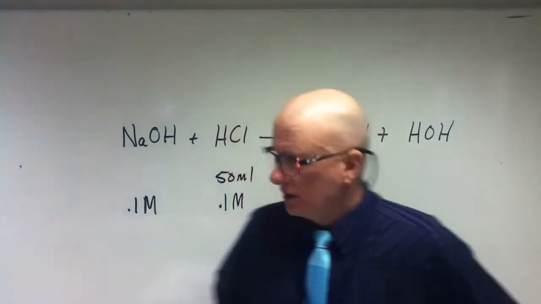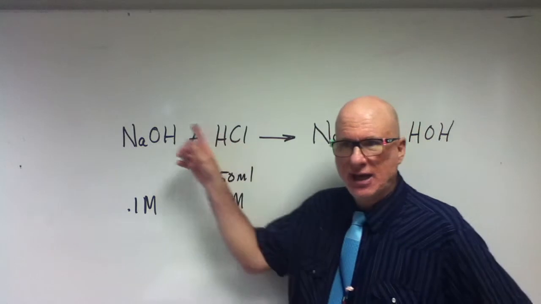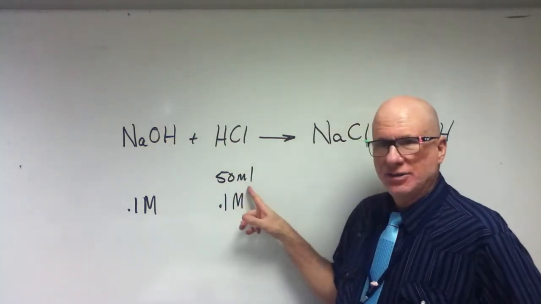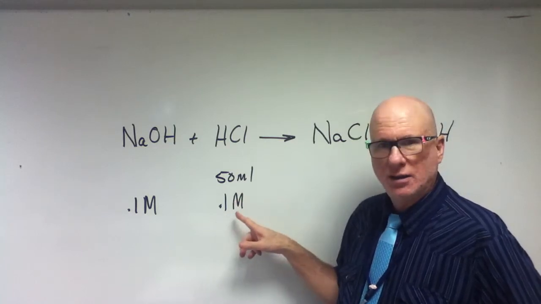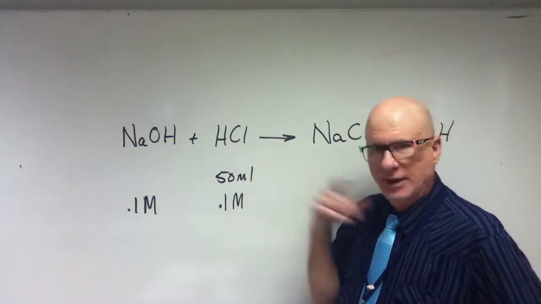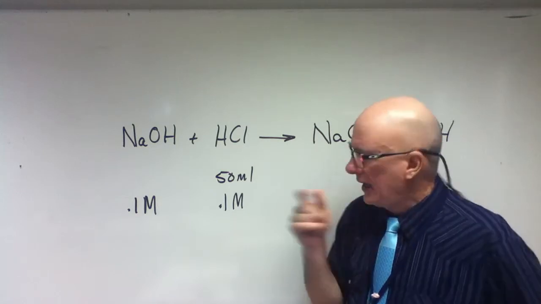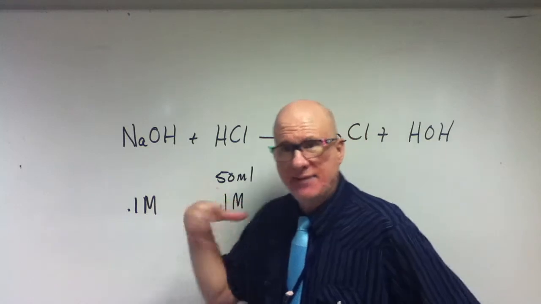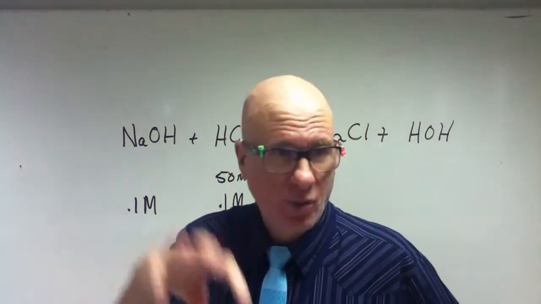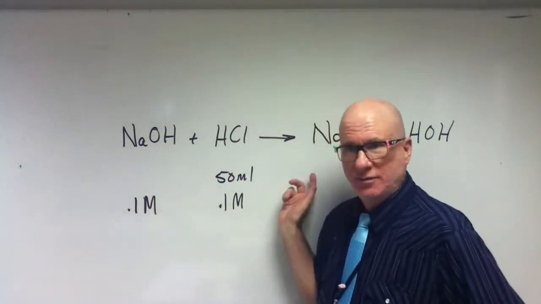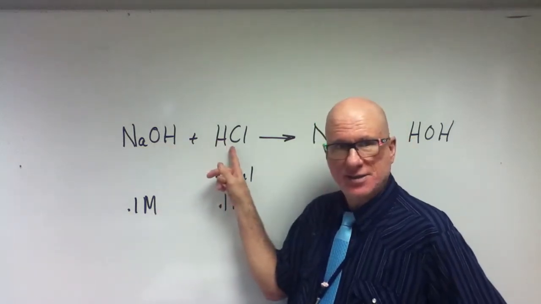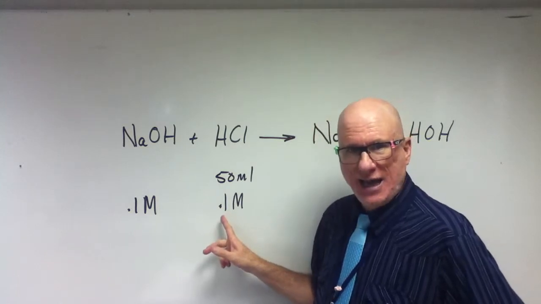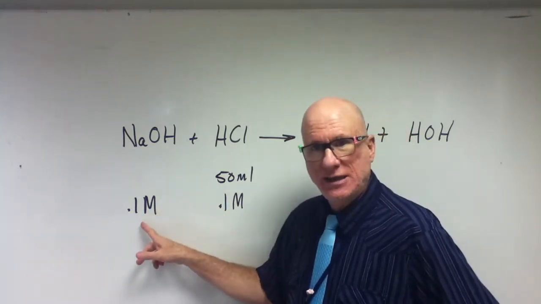Okay, so this is what I have: HCl and NaOH, right? I have 50 milliliters of 0.1 molar HCl, and I want to know how much NaOH I'm going to pour into the reaction.